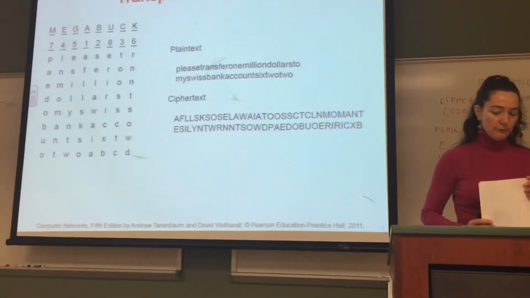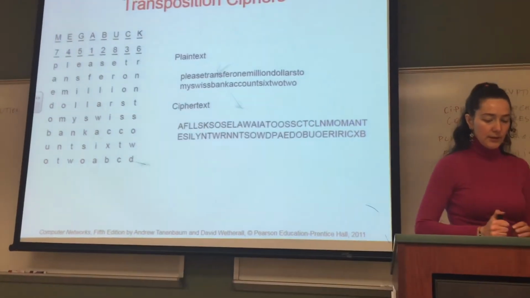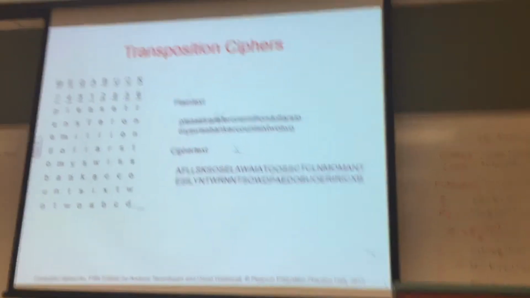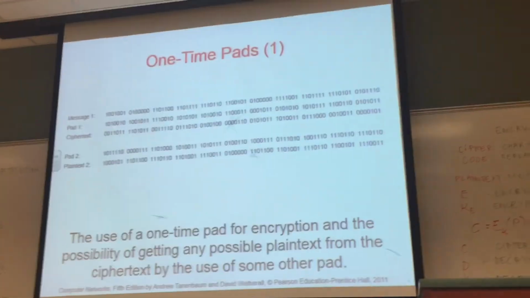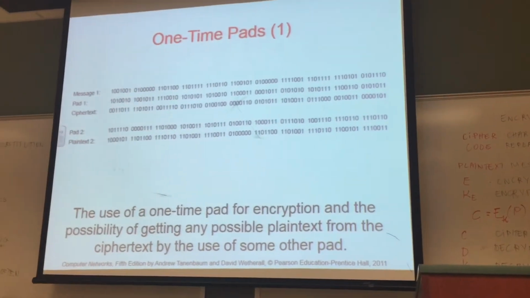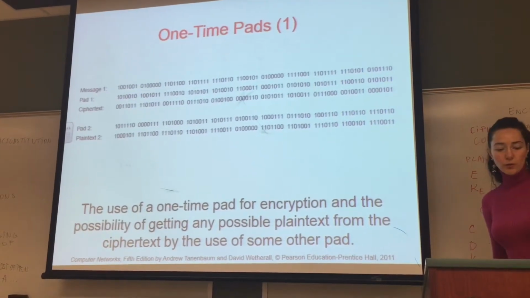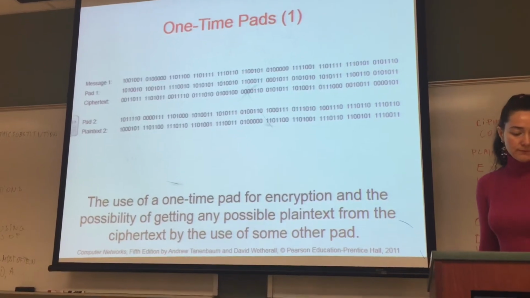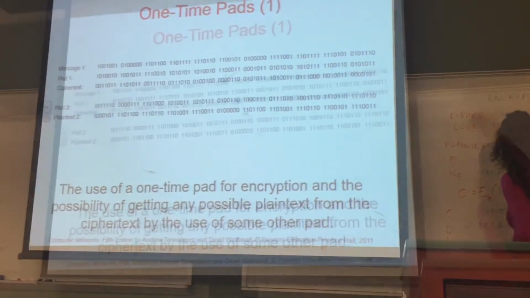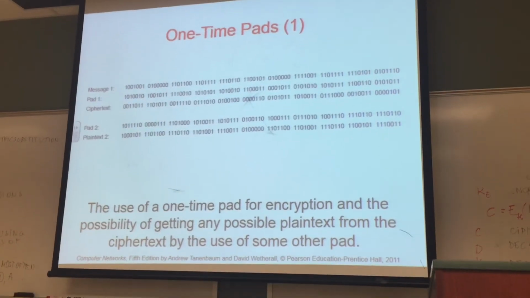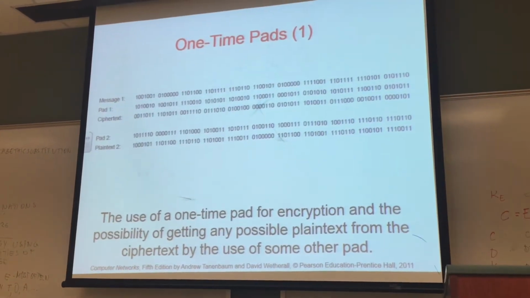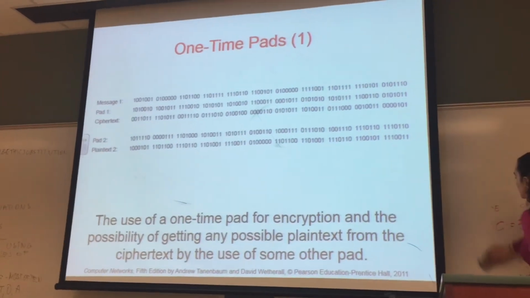Now, if we want to make it really difficult to exploit any statistical properties of the language, we can do some binary conversions. We will take the message and convert it into binary. In this case, we are using ASCII encoding.